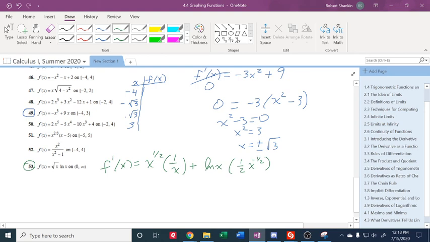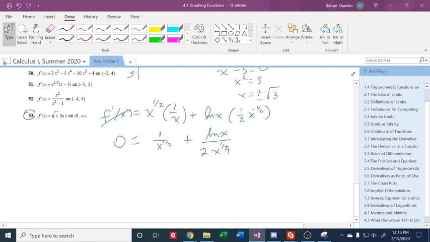Then we're going to set this to 0 and reduce all this. x to the 1/2 over x is 1 over x to the 1/2, plus ln x over 2x to the 1/2. All right, now I am going to solve this equation.